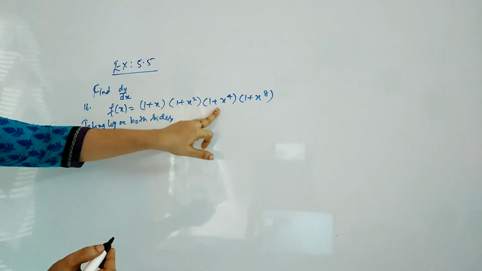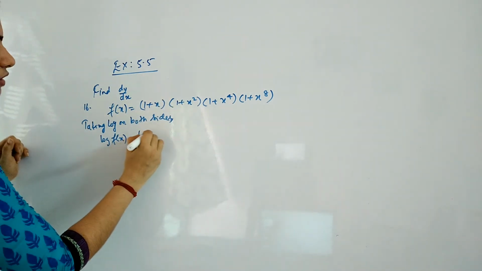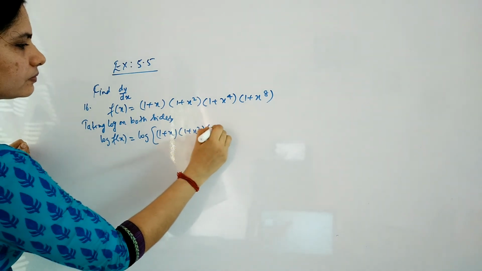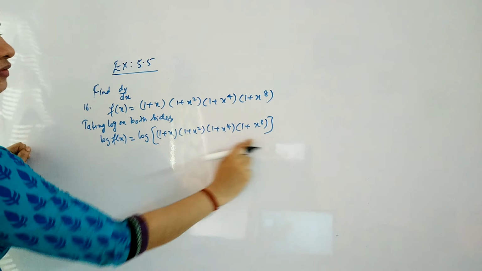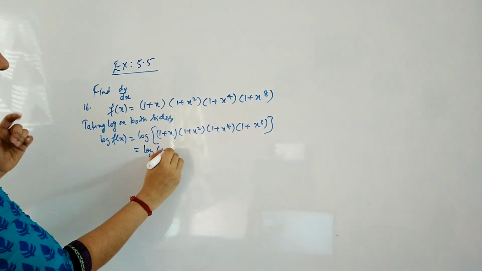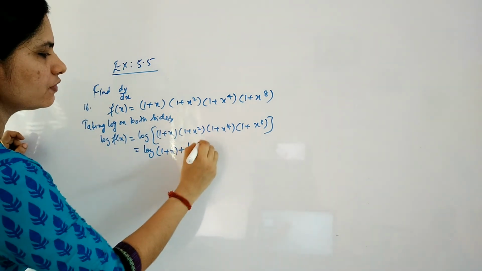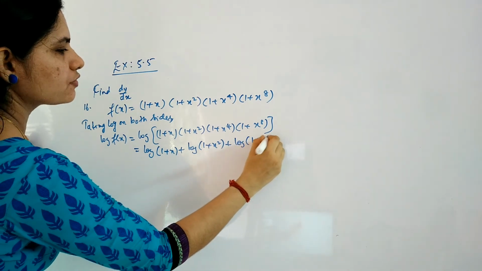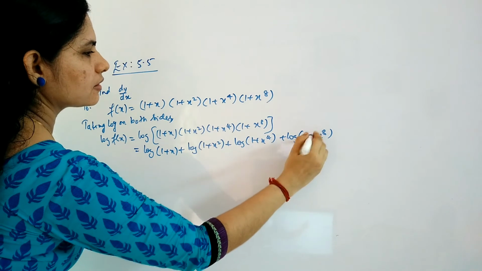Here you have a product a, b, c, d, so log of the product is log a plus log b plus log c plus log d. Applying the property, you will get the log of each term with a plus sign in between. So log of 1 plus x plus log of 1 plus x square plus log of 1 plus x raised to 4 plus log of 1 plus x raised to 8.